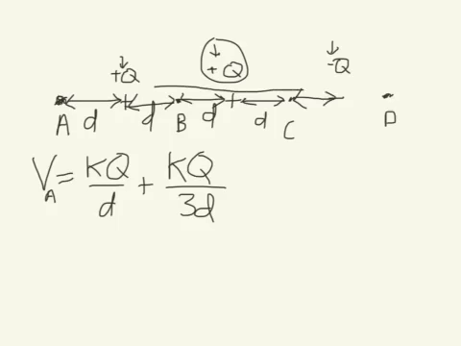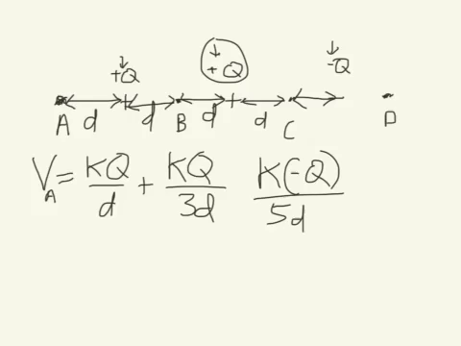and then there's this last third charge that is, let's see, 1, 2, 3, 4, 5D away, and that is a negative charge. So we can either think of it as being K times negative Q over 5D, or we could just think of it as subtracting KQ over 5D.